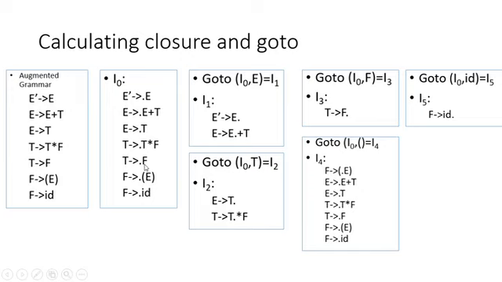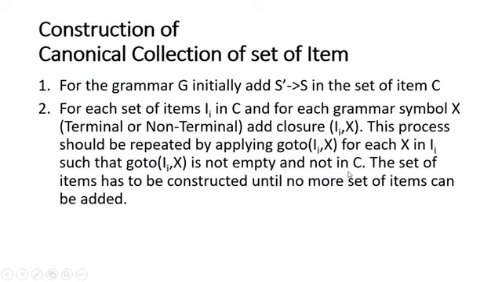T derives dot F, so it jumps one step ahead and becomes T derives F dot. And again you see F derives dot bracket E, so it jumps over the bracket one step ahead and becomes bracket dot E. Now you notice very importantly here. Now let us look at the grammar again. What does it say?